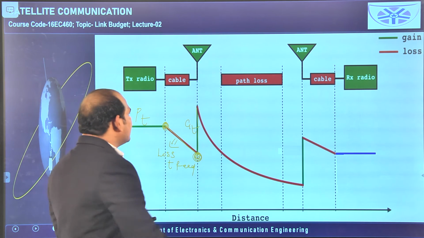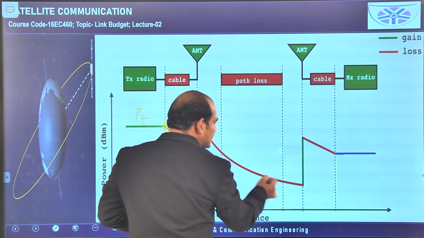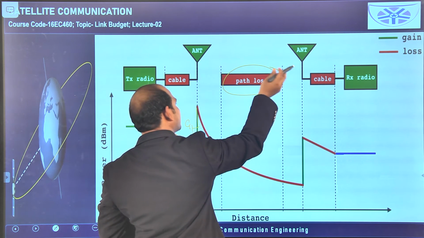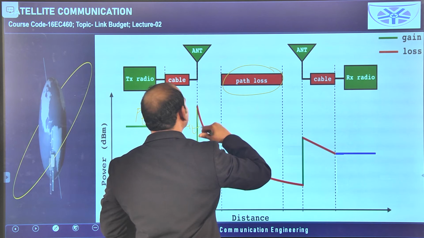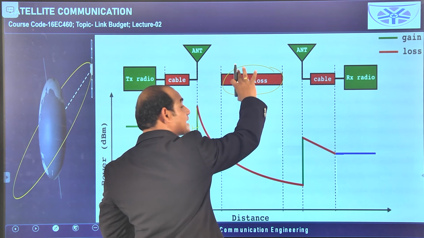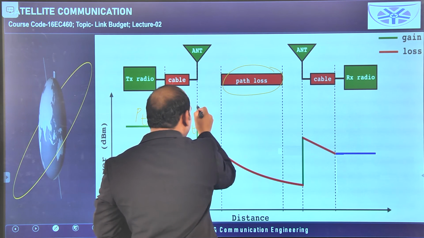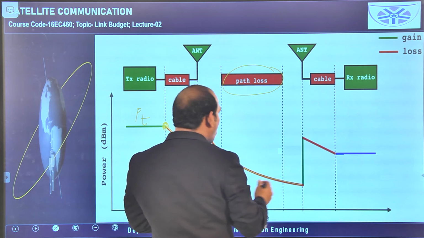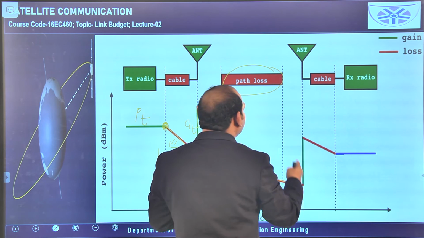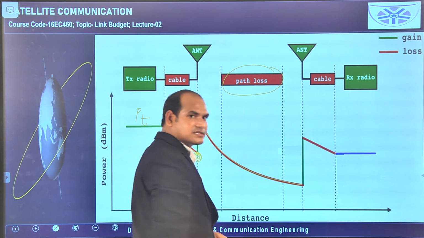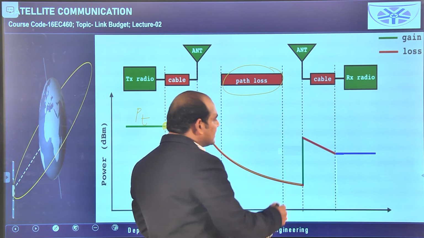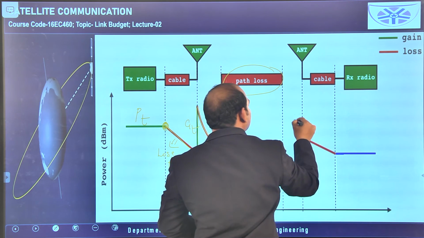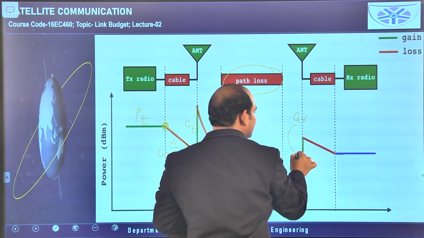Then again one big loss is there, that is path loss, and atmospheric loss is also there. In this diagram they did not show this separately, because I said this path loss is a major one. Because of this path loss it is reduced up to this point, up to that medium level, like this. Then suddenly it is increased to some other value because the receiving antenna has the gain GR.